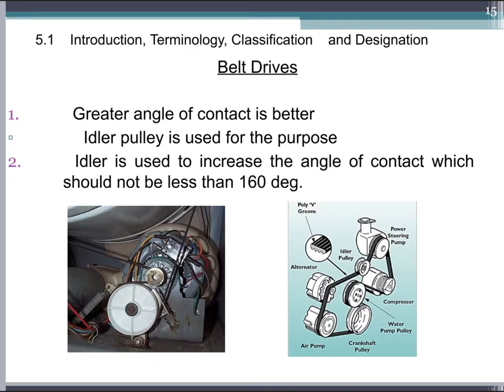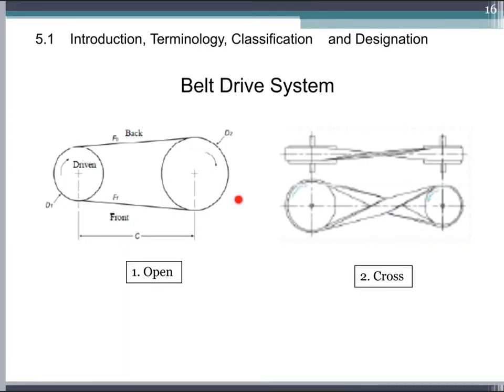Here you can see the application of the idler pulley. So this is the idler pulley, where by using the idler pulley we can increase the angle of contact between belt and the alternator, and also increase the angle of contact between belt and the pulley on the power steering pump. There are several types of belt drive system.